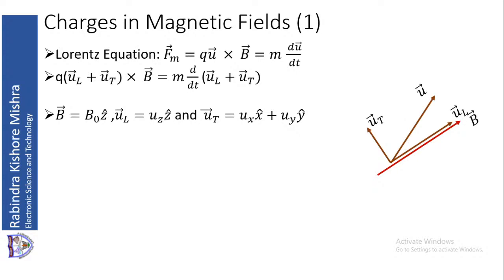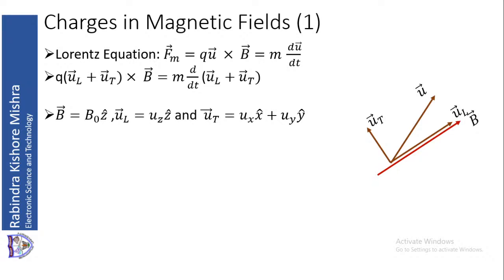So ul will be ul z cap, where ul gives the magnitude of the longitudinal component and z cap is its direction. Since B is along z, ul will also be along the z direction. Now what happens to ut?